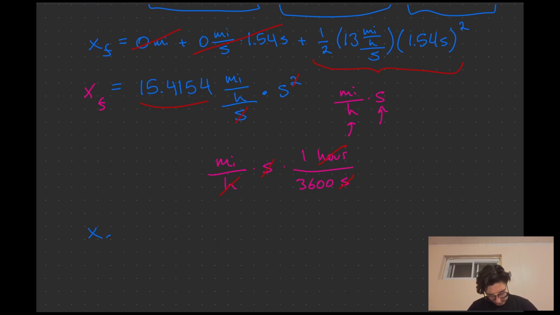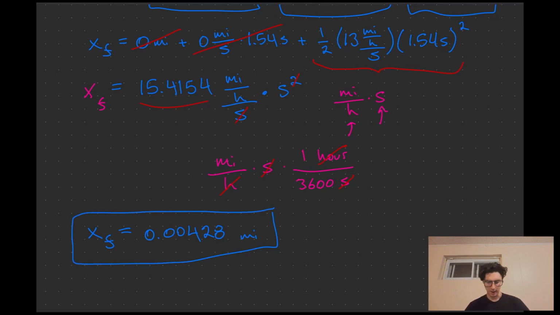So we have position final is equal to 15.4154 divided by 3,600. We get 0.00428 miles. So this is the distance that the bike has traveled.